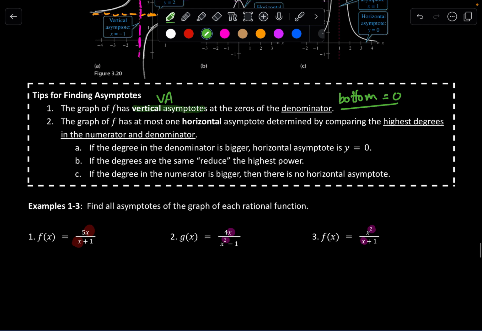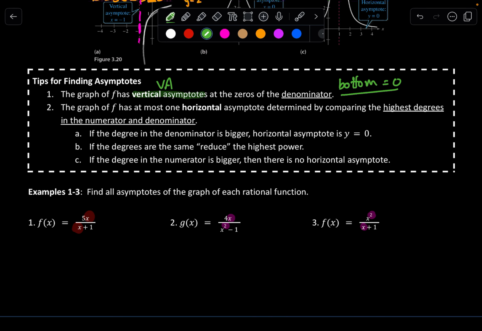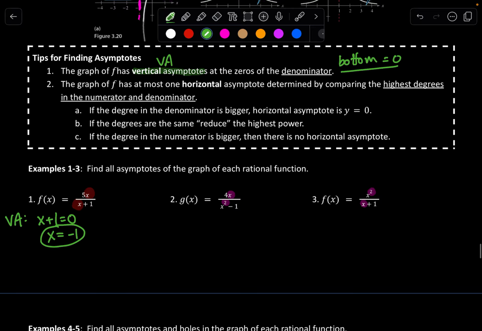Just to do those all at once, we could look at this first one. If we set the denominator equal to 0 and then solve it, we would have a vertical asymptote at x equals -1. And then for this one, if we took the denominator, set it equal to 0, and solved it, we'd have to square root both sides here.